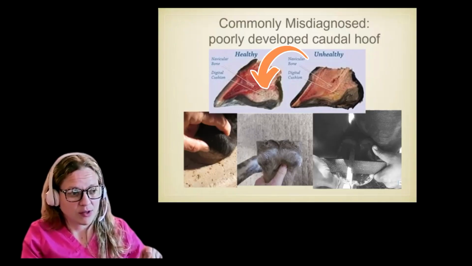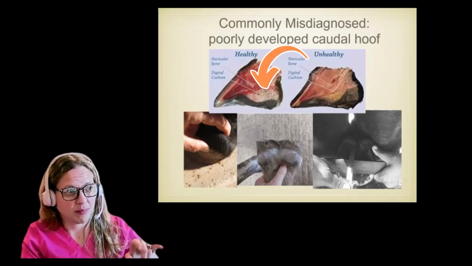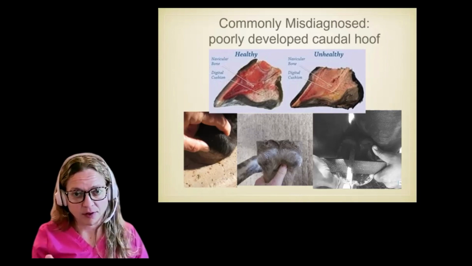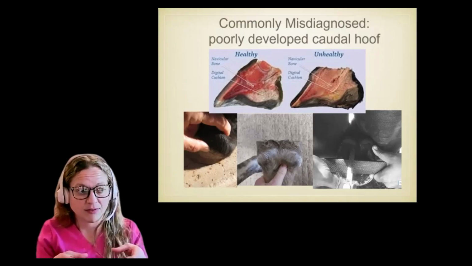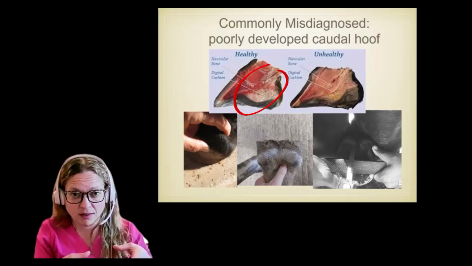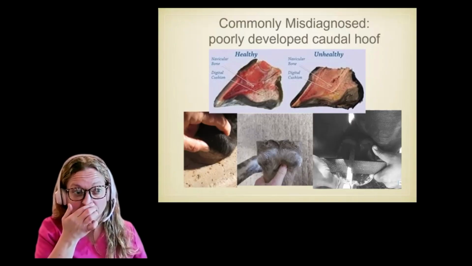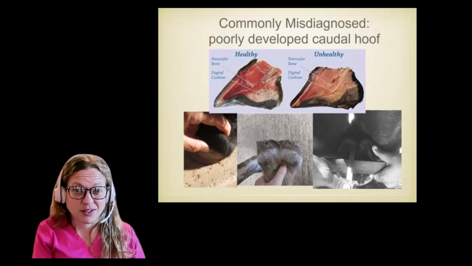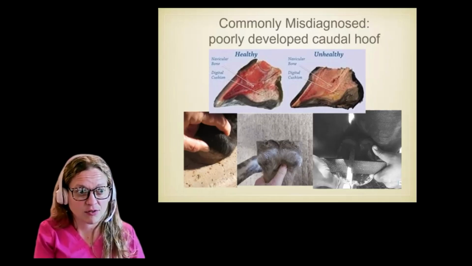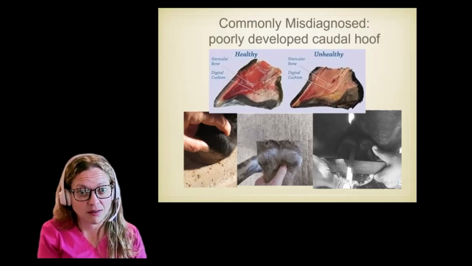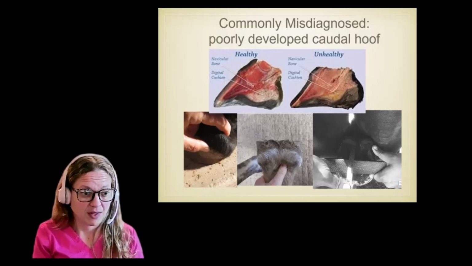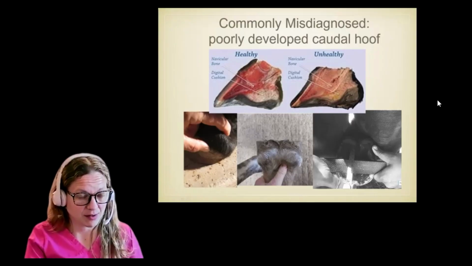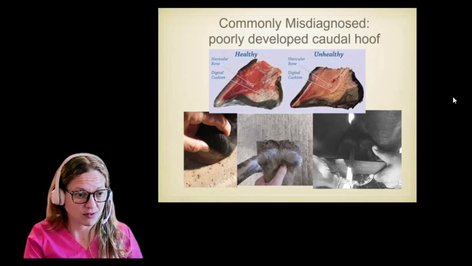So we can talk about different ways to identify that, but the best cross-section there shows the difference between a healthy looking, thick, full, properly developed digital cushion that's really bearing a lot of that horse's weight as they're standing, and one that never had a chance to develop properly. Unfortunately, if your horse is over a few years old, this is not a very easy thing to fix. So that is a little bit more of a downer, but it is something that causes a lot of heel pain in horses at times.